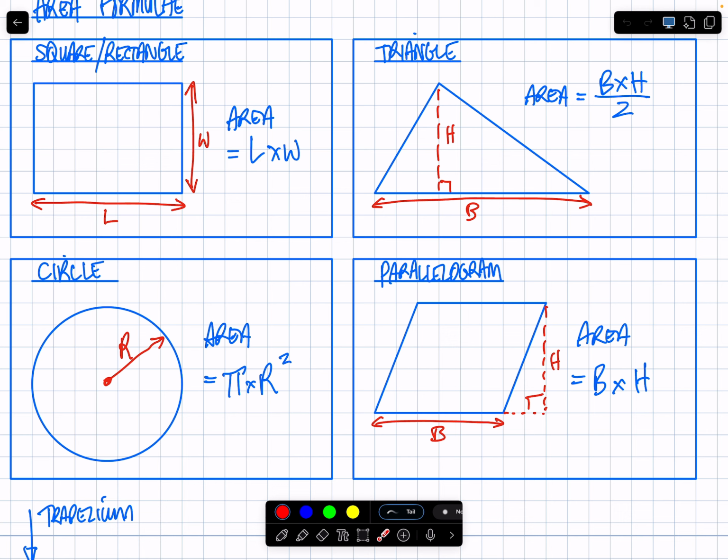What's a parallelogram? It's a rectangle that someone's pushed over slightly. So a parallelogram is just the base times by the height.